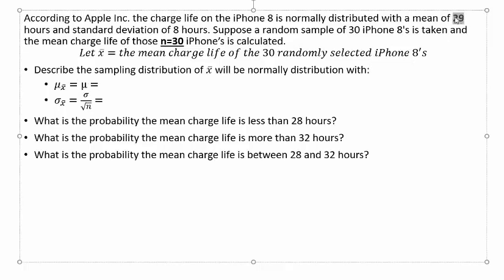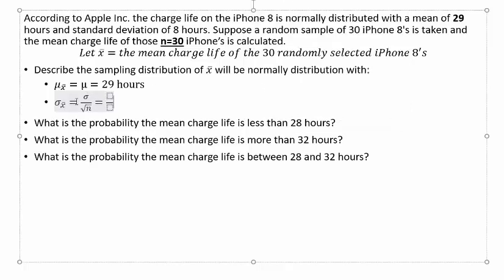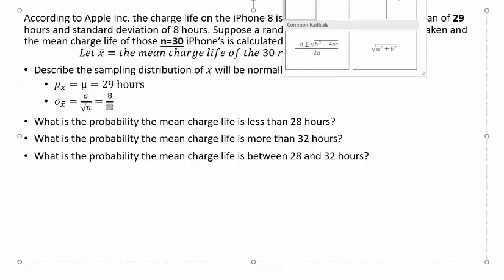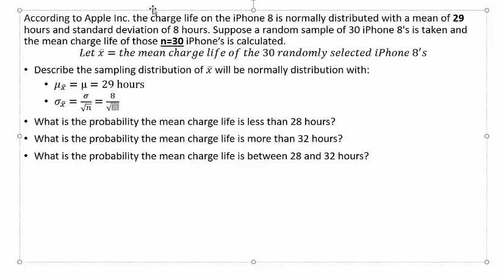I'm telling you that the population mean is 29 hours. And the standard error, or the standard deviation of the sampling distribution, is the population standard deviation, which I told you was 8 hours, divided by the square root of the sample size, the 30 iPhones.